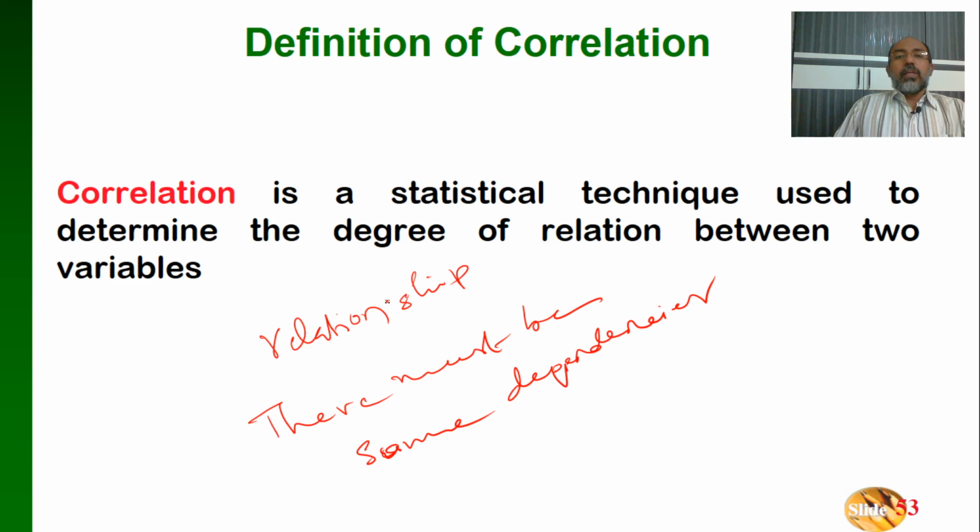Correlation is the first part of knowing whether they have dependence or not. Dependence is the product of the relation between x and y variables.